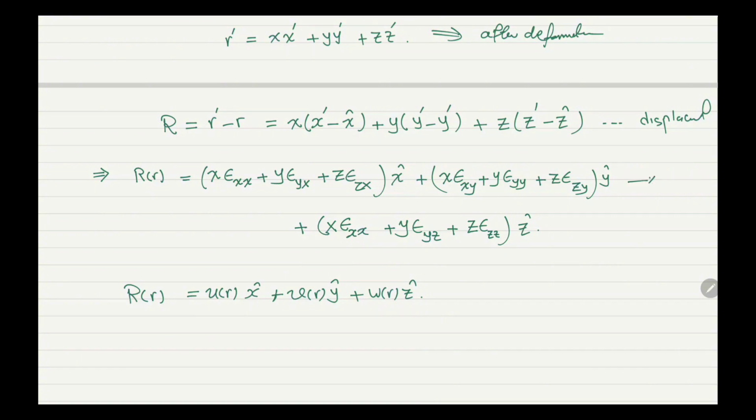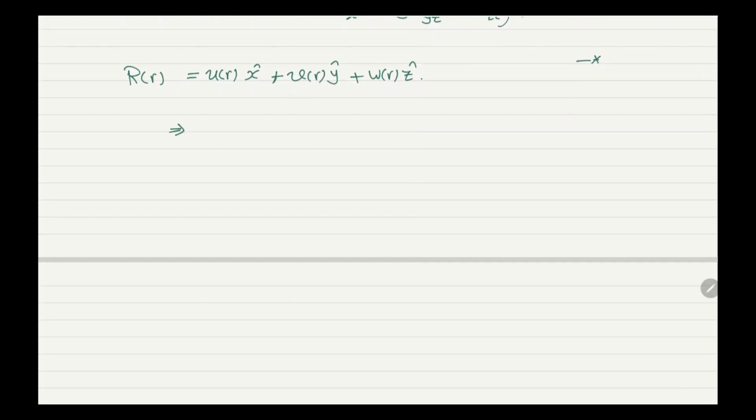Now, by comparing these and using Taylor series expansion, we will find that x epsilon xx is approximately equal to x partial u partial x, and y epsilon yx equal to y partial u partial y, etc. It's usual to work with coefficient E alpha beta rather than epsilon alpha beta, and from now on we will use E alpha beta.